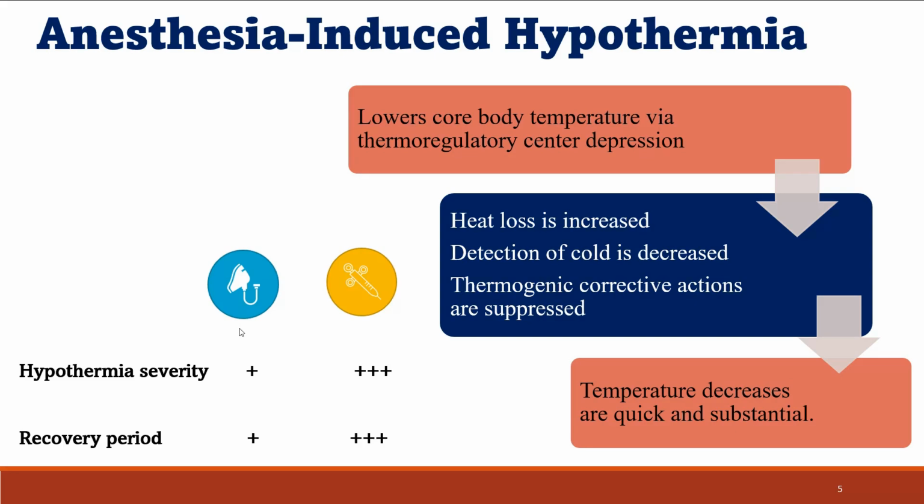All the general anesthetics, we know, induce hypothermia in the animal to a certain level. This is because the hypothalamus, when under anesthesia, loses its tight control over body temperature regulation.